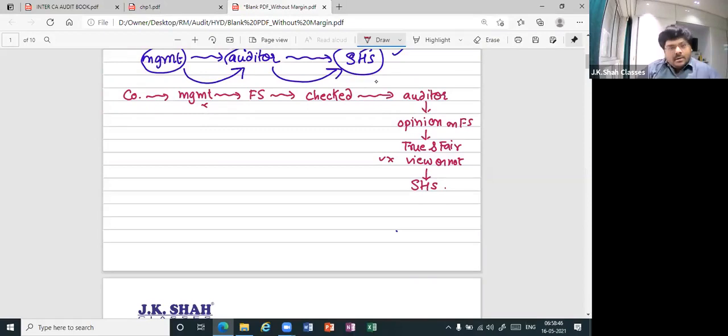Come on, tell me. Firstly, the company, run by the management, will make the financial statements. Financial statements have to be checked by the auditor. He has to give an opinion on the financial statements, whether they are showing a true and fair view or not, whether they are proper or not proper. He has to tell it to the shareholders.